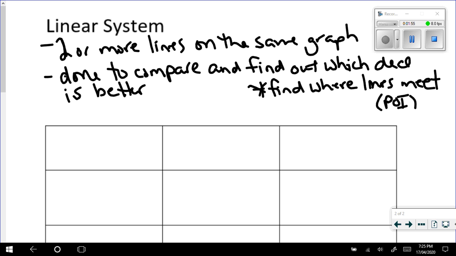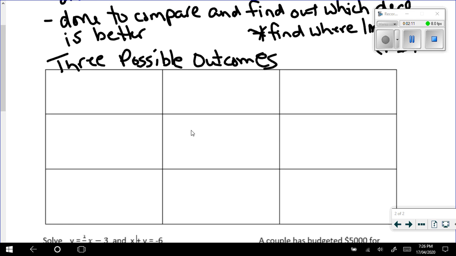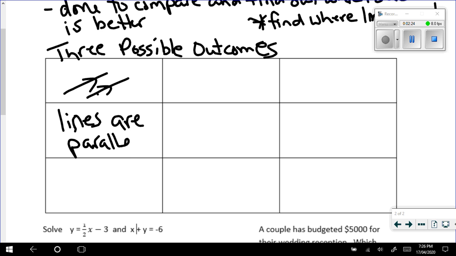Okay. So there's three possible outcomes. The first one is lines are parallel. Zero solutions.